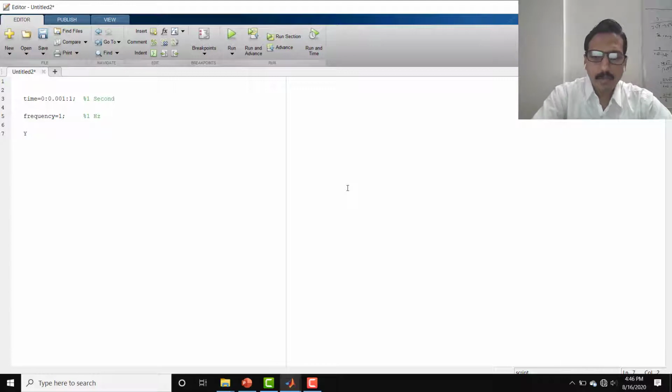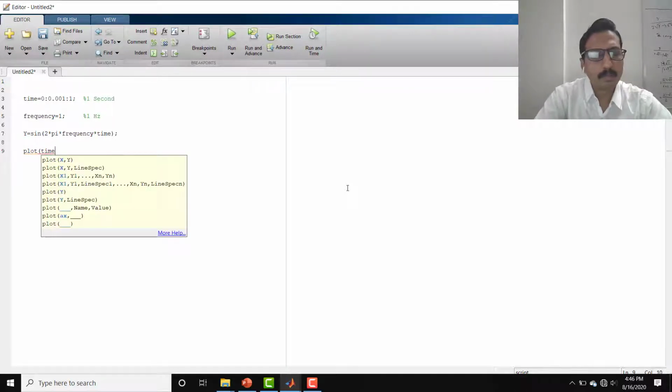Then we take one variable y, which is equal to sine of 2 into pi into frequency into time. This is the standard equation of a sine waveform. Then we plot our time with respect to y.